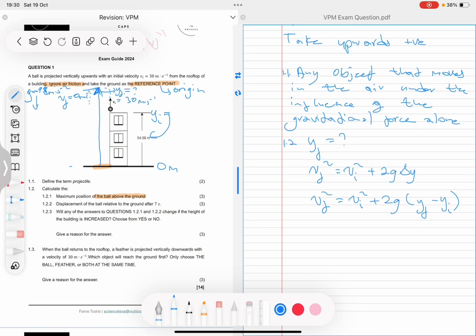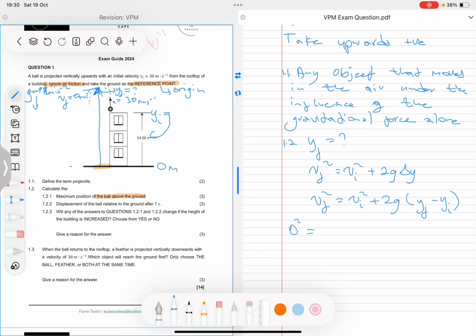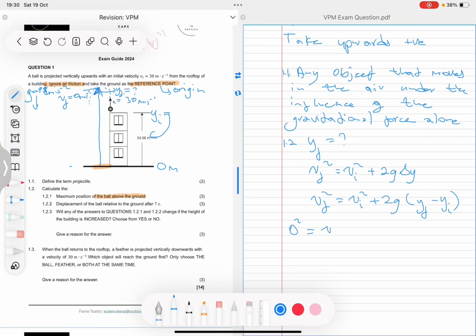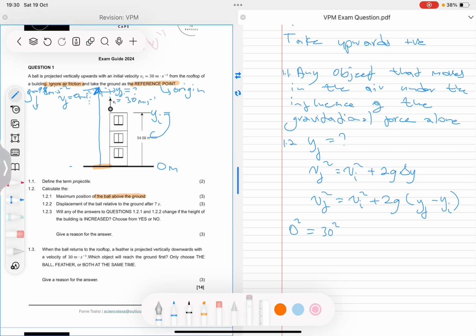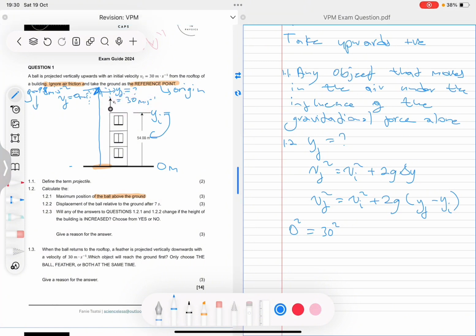Now, at this stage, this becomes a substitution problem. We said at the maximum height, we're going to have 0 squared, which is our velocity at the maximum height, equals the initial velocity of 30 meters per second squared. This is the initial velocity that the ball leaves the rooftop, and we're adding here 2 times negative 9.8, and we're also multiplying this by y final, which is what we're looking for.